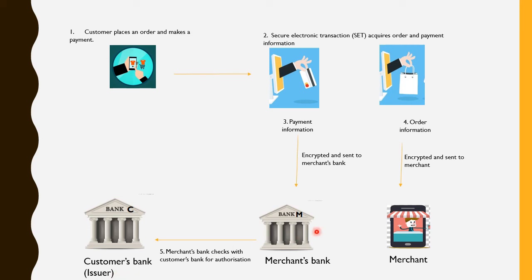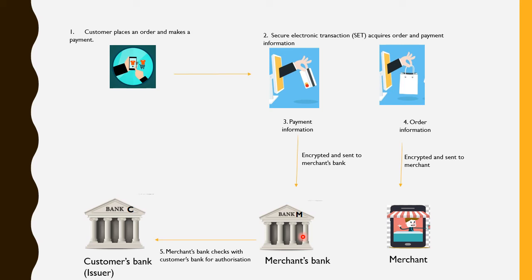Now, what happens in this particular case is that the merchant's bank will ask the customer's bank, or the issuer, whether the customer has enough money to pay for this particular transaction. Once the customer's bank gets this request, it is going to check with the customer's account whether the card has that much limit balance.